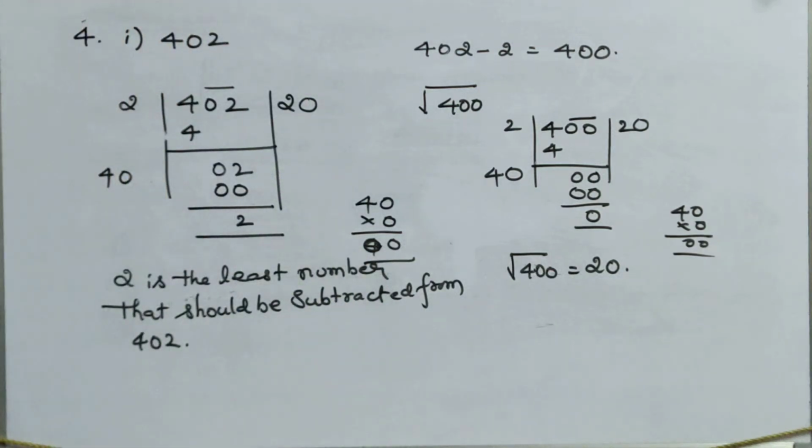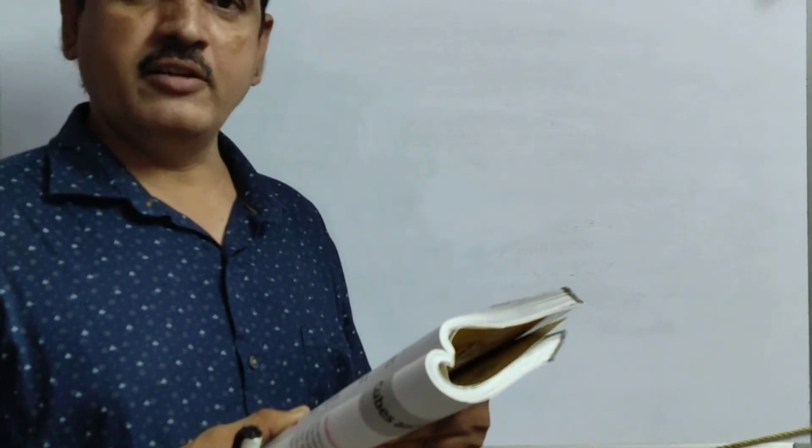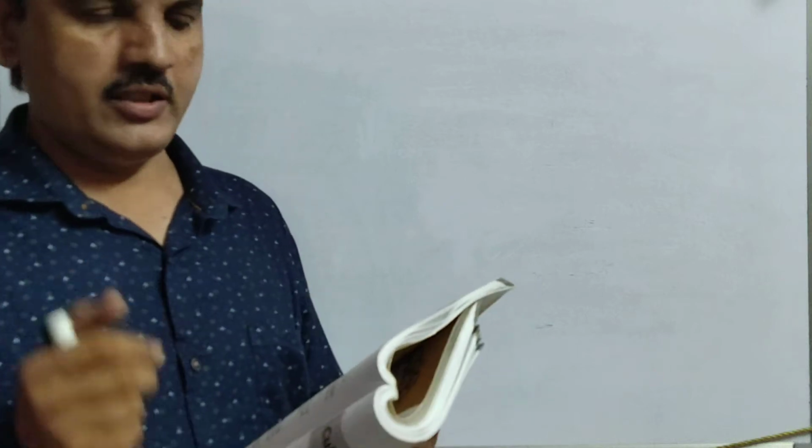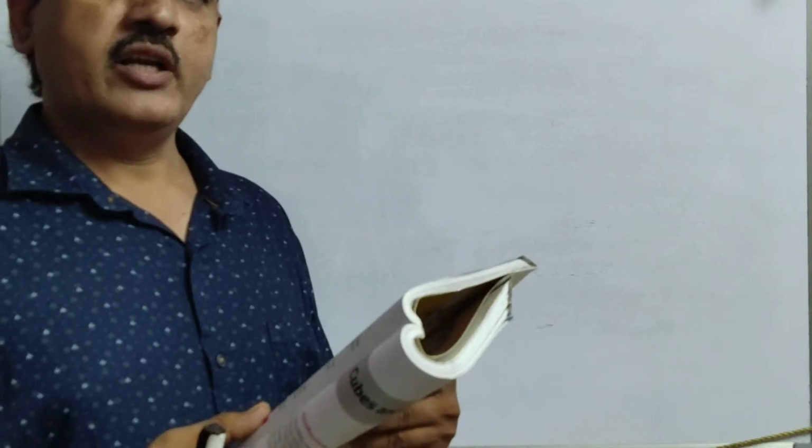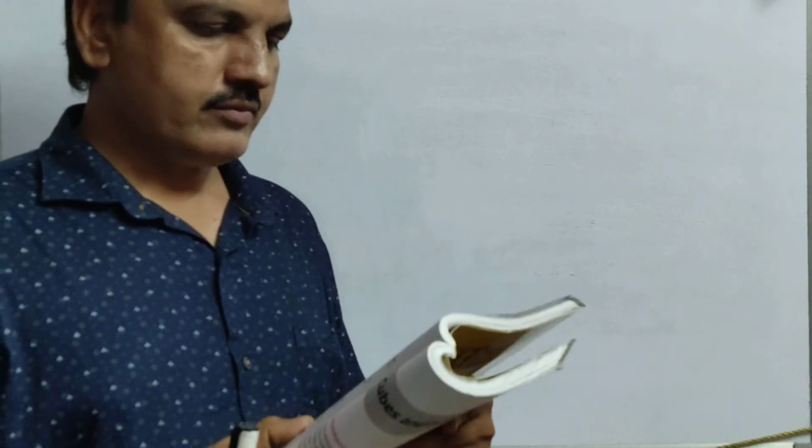Okay. Now going to another question, that is the fifth question, children. Find the least number which must be added. Since the previous question was subtracted, here it is added. So there is a little bit of difference between addition and subtraction.